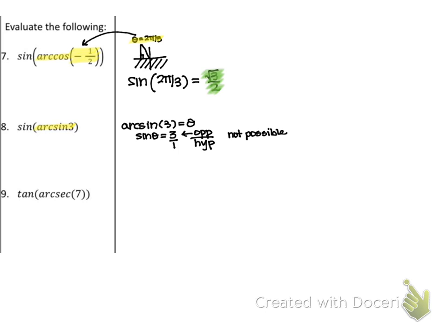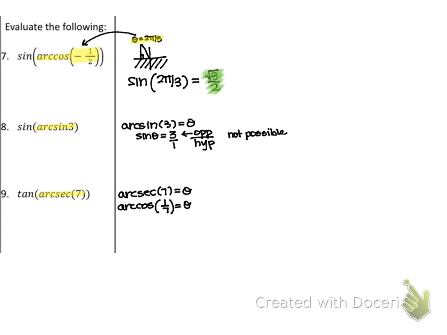Okay, we're doing arcsec. So if I have arcsec of 7 is equal to, I'm looking for an angle, this means that arc cos of 1/7 is equal to theta. Okay, so we know we can go back and forth between these.